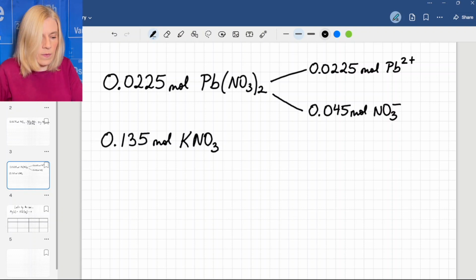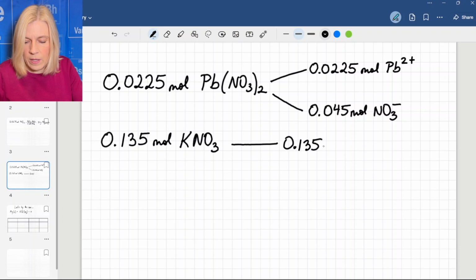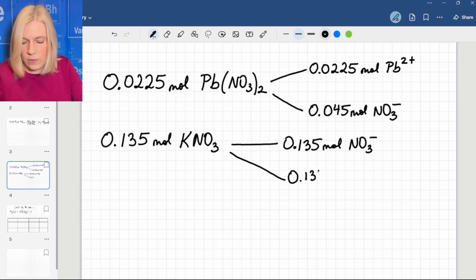Yes, let's do the same thing here, but here it is just 1 to 1. So I'm going to have 0.135 moles of nitrate swimming, and I'm going to have 0.135 moles of potassium ion swimming. Now have a look here.